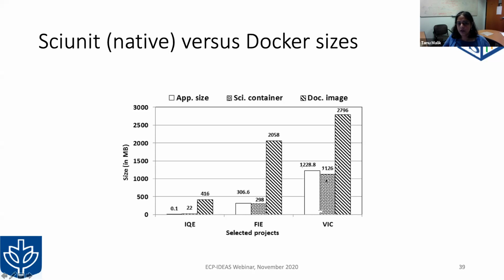The Sciunit sizes are much smaller because it is only including the necessary and sufficient files for an application. So if you're running an application which does not need the base images or any such other paraphernalia of a Docker container, well, Sciunit is a lot more efficient to use than a Docker container.